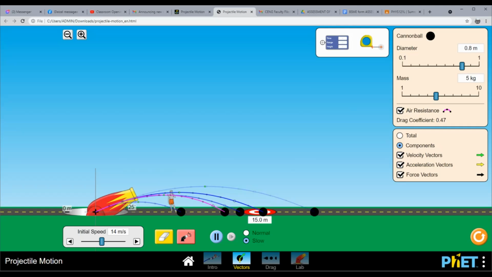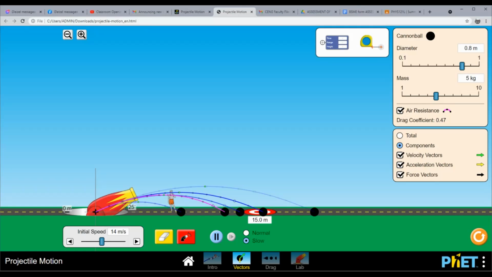Given the air resistance, we cannot hit the target at 15 meters. So, ibig sabihin, what can you conclude from here? Yung air resistance ay pwede maapektuhan yung travel distance.